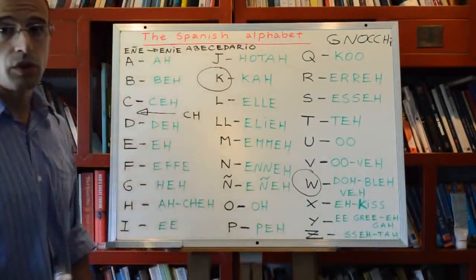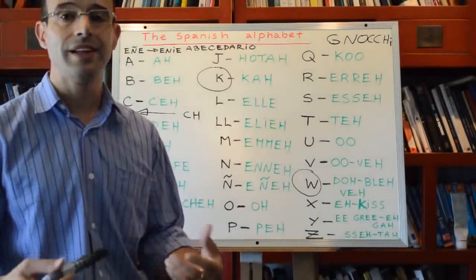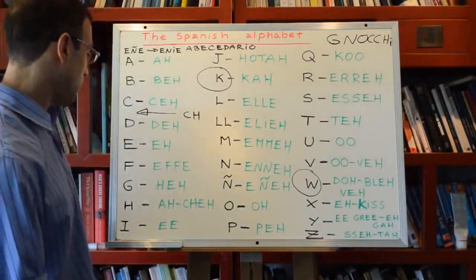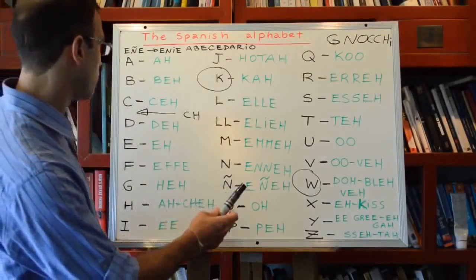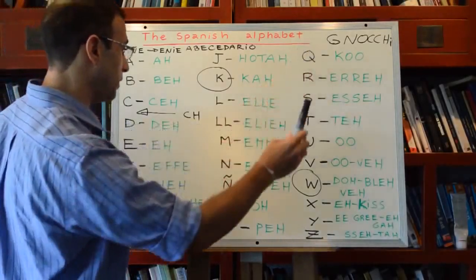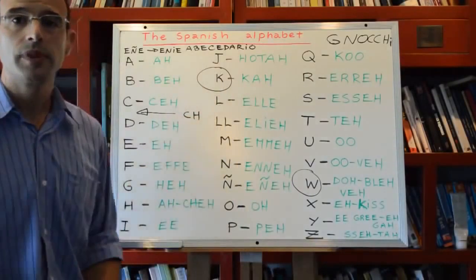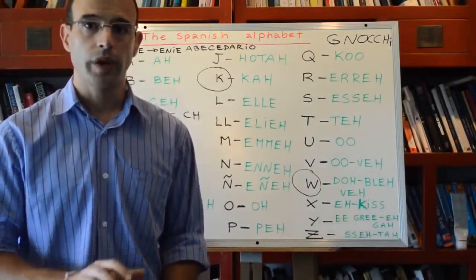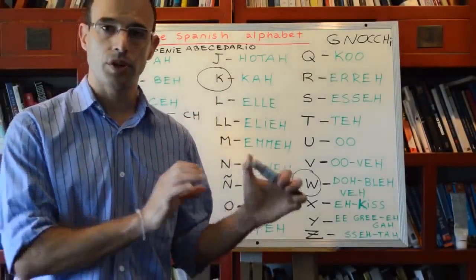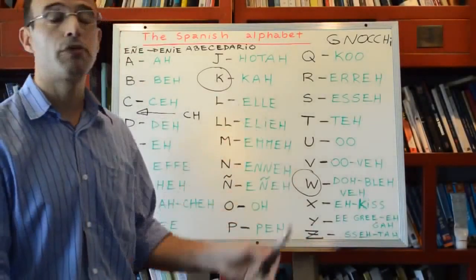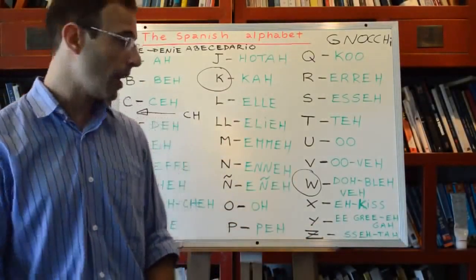We could Castilianize it using a Q and U replacing K. However, there is this will to show that it's a word that comes from a different language, okay?